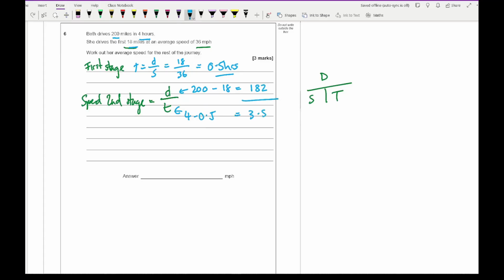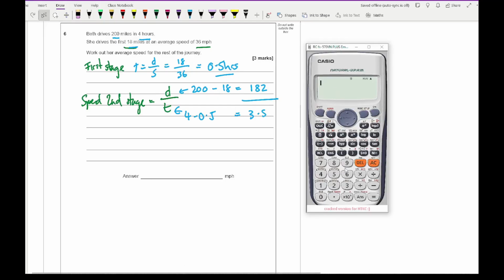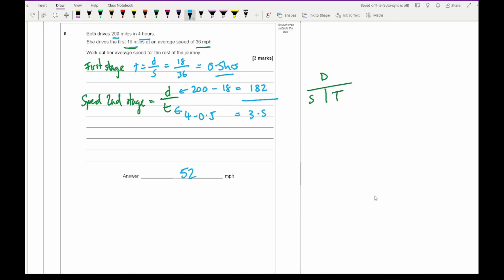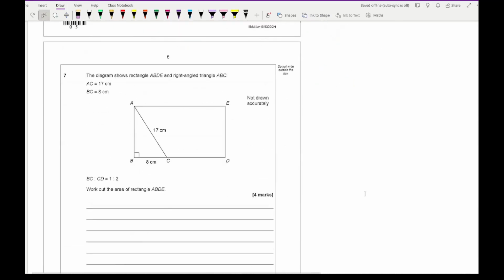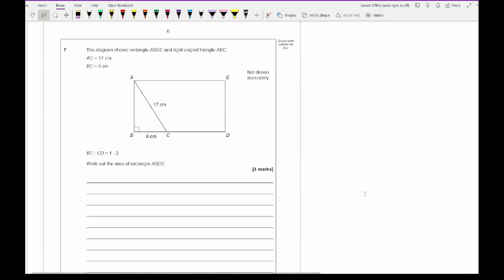And then all I want to do is divide those two numbers. So on the calculator, I do 182 divided by 3.5, and I get an answer of 52 miles per hour.